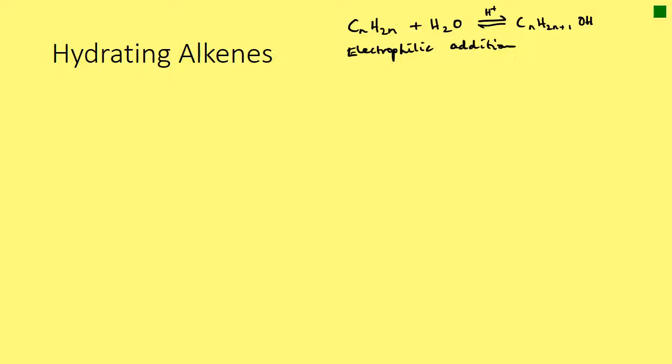So we're going to use ethene. So here's the equation for ethene. We've got CH2=CH2. We're going to add water to it. And we're going to use a phosphoric acid catalyst. So the formula for phosphoric acid is actually H3PO4. And that occurs.